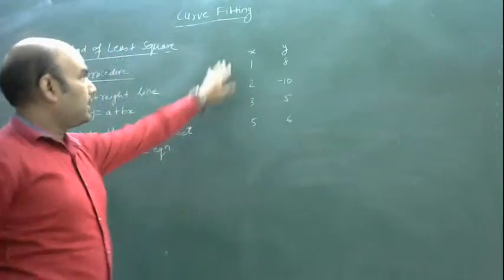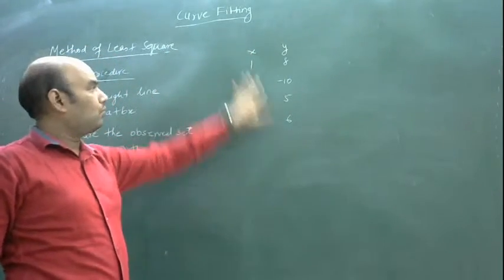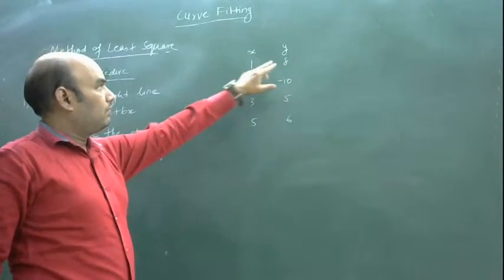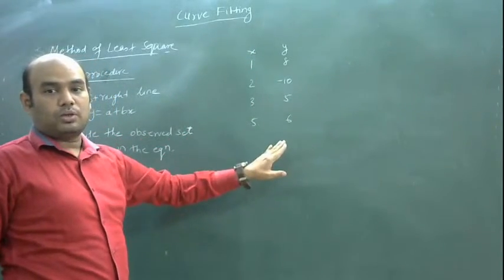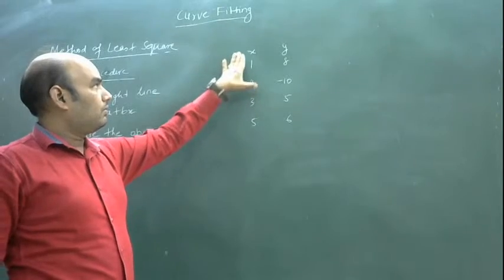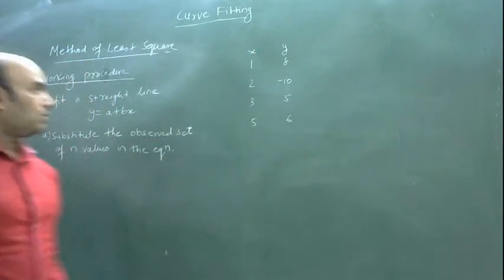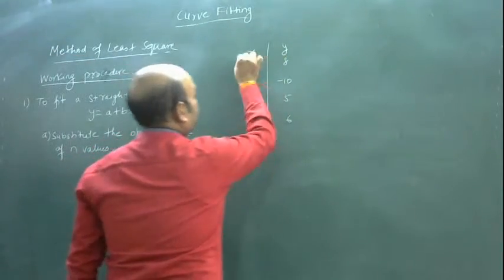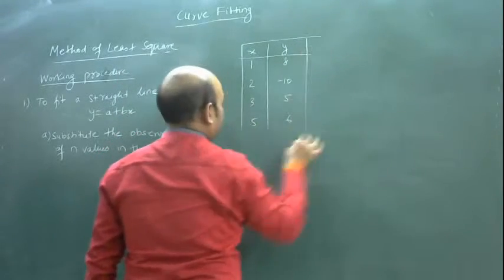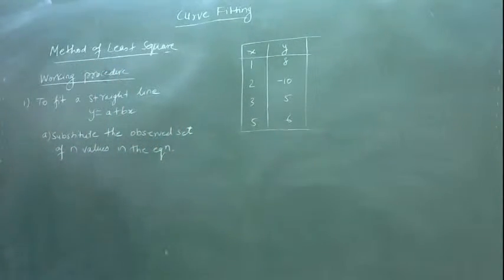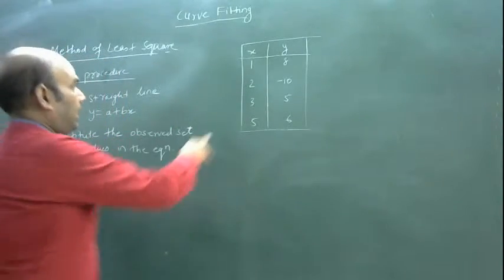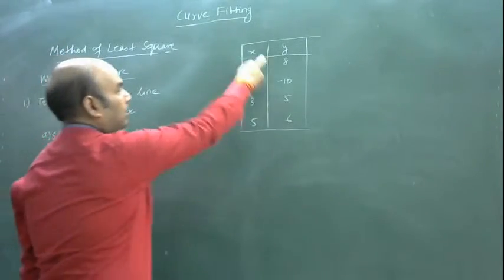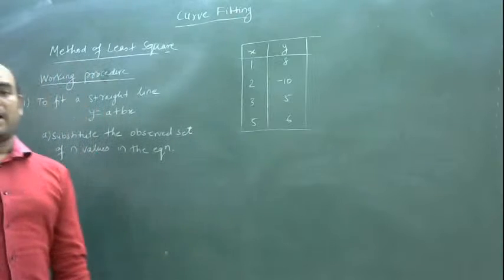So the coordinates are given, and we have to find a best curve which suits these coordinates. We are taking this just as an example. First we observe the set of n values. Here there are four values of x and y.